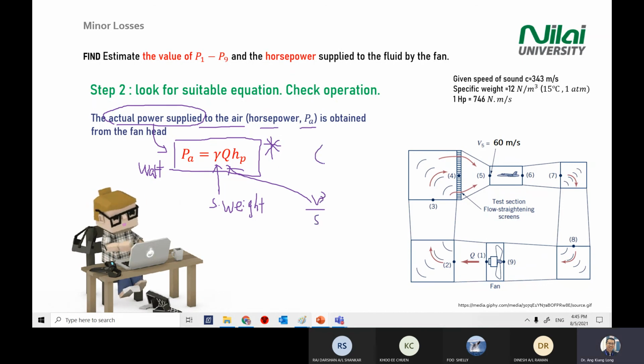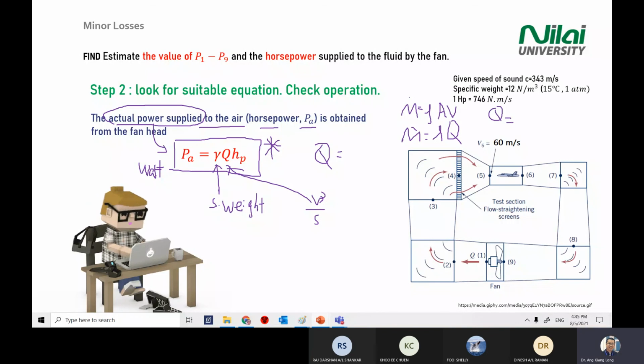How to calculate Q? Still remember how you calculate m dot? m dot equal to rho A V. How do you write m dot equal to rho Q? So Q equal to area times velocity.